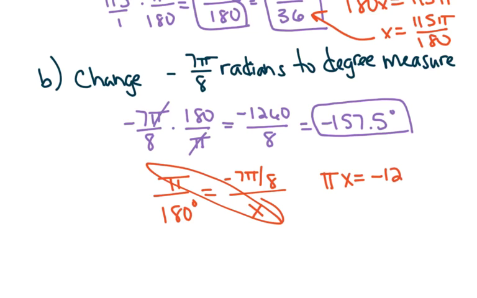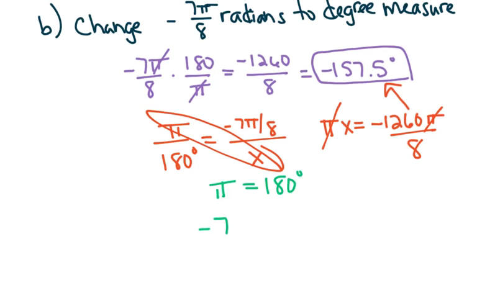So what ends up happening is the pi's cancel, and you're still going to get this answer when you're done dividing. A third way of actually doing this particular problem, not A, but B works this way, is if you remember from the previous page that I said 1 pi was 180 degrees, the way that I do the problem is I just replace pi with 180 degrees, and I still end up with negative 157.5.